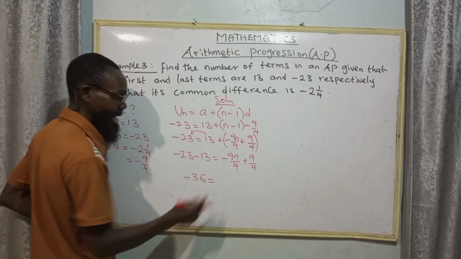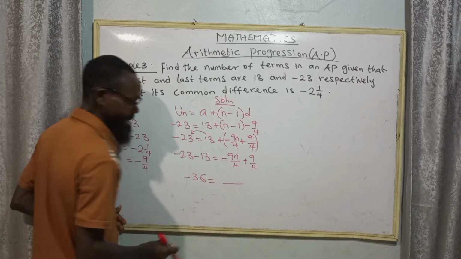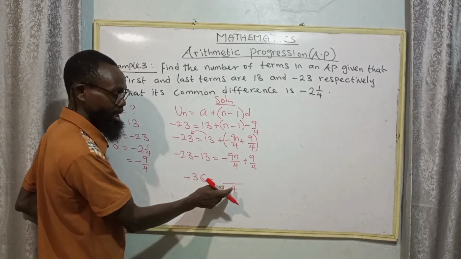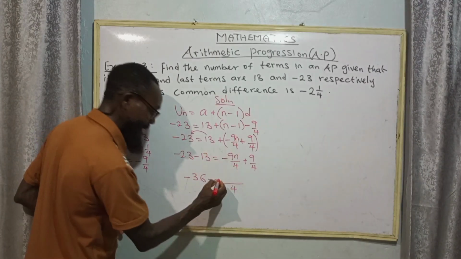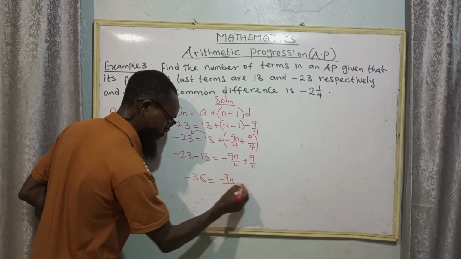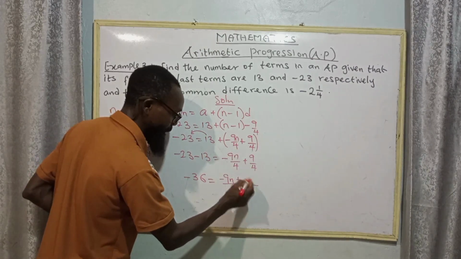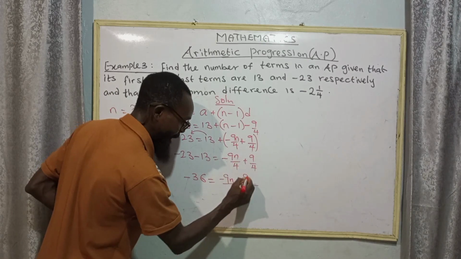Let me find the LCM. The LCM of 4 and 4 is 4. 4 goes into 4, we have 1. 1 multiplied by minus 9n, minus 9n, plus 4 goes into 4, we have 1, 1 times 9, we have 9.